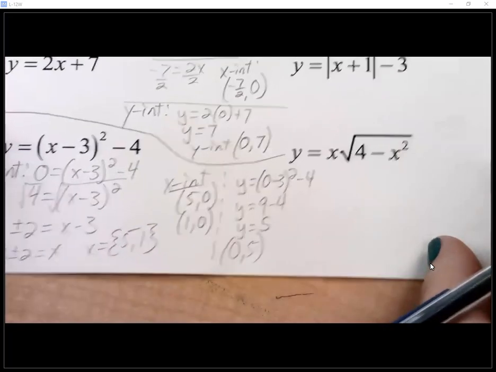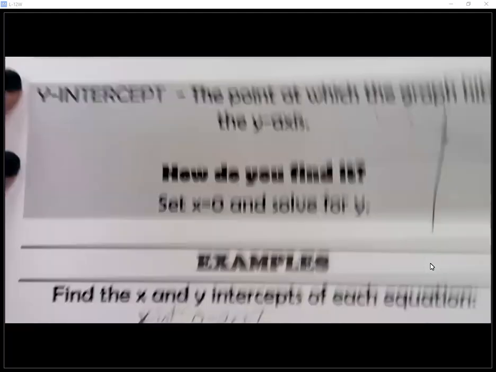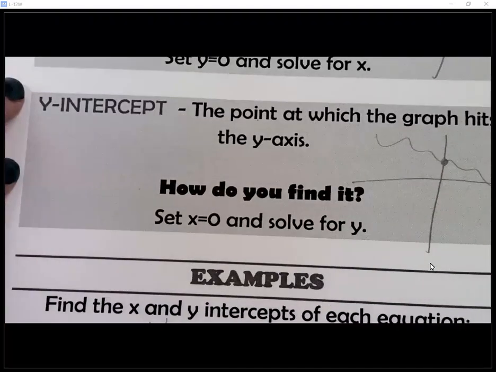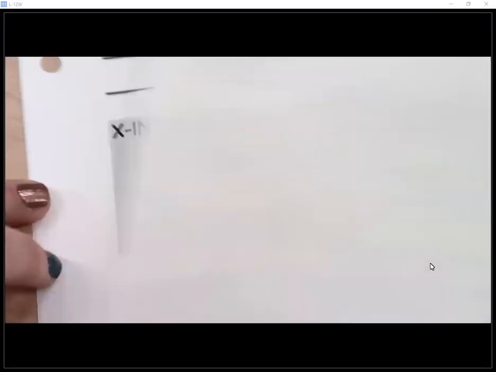I think I'm going to do it just on the back side because I need more space.